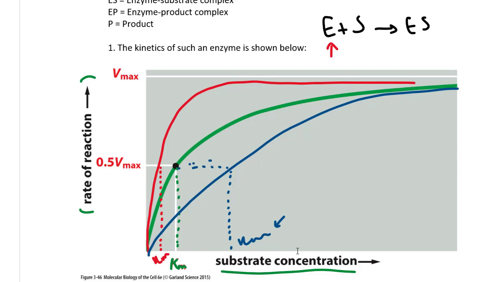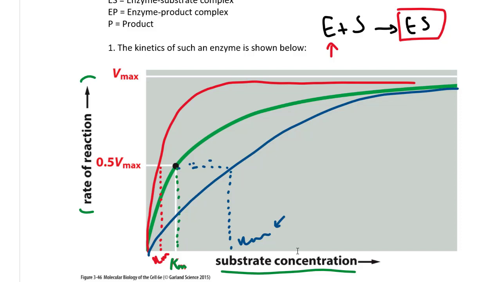So if I need much higher levels of substrate to actually have 50% enzyme substrate, then I can say, since the blue enzyme requires so much substrate just to get 50% enzyme substrate complex, comparing it to the green, which requires much less, the binding affinity of the blue enzyme for its substrate is much less than the green enzyme.